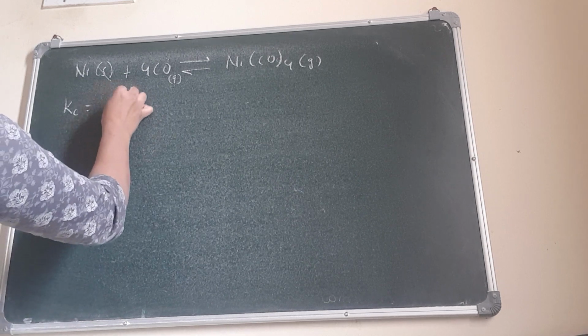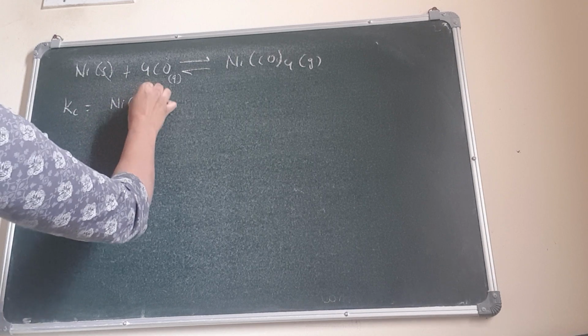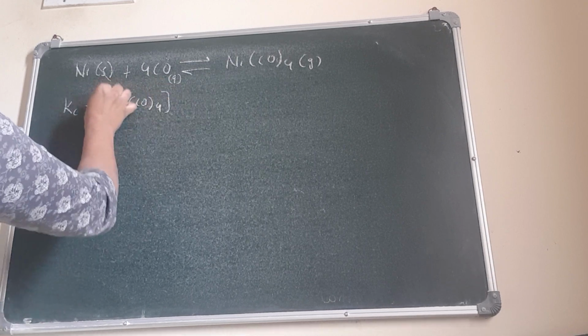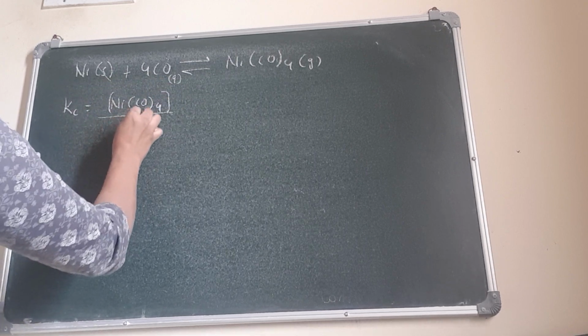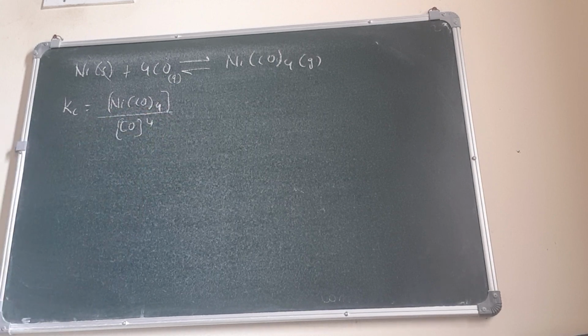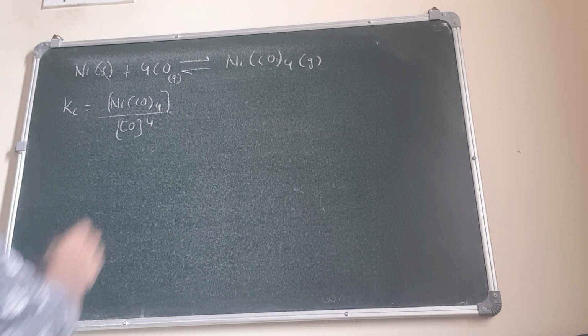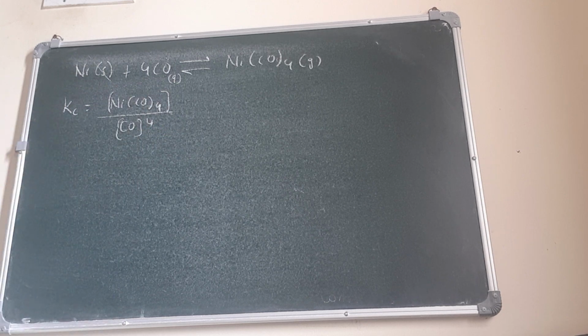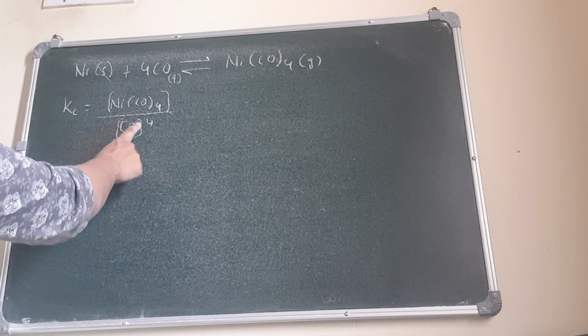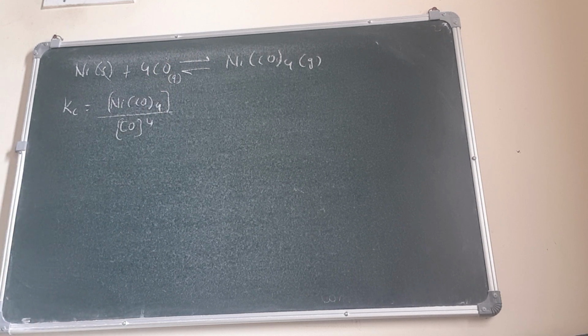We will just take nickel carbonyl's concentration divided by carbon monoxide concentration raised to the power 4. So we are not going to consider this. Again, if you look at it, this will be mole per liter, and this will be mole per liter raised to the power 4. Correct?